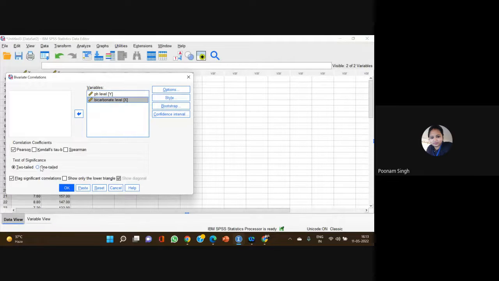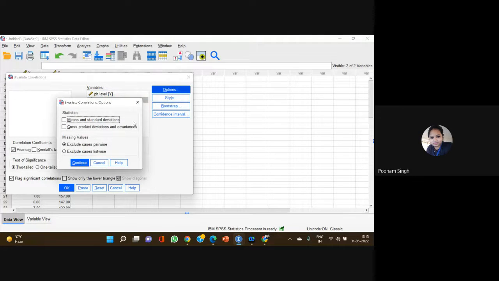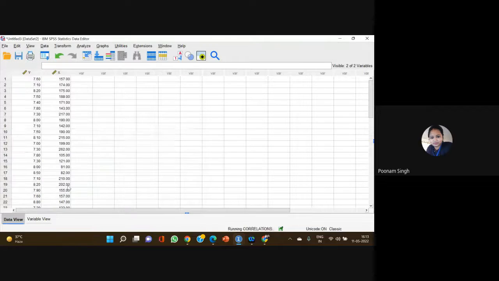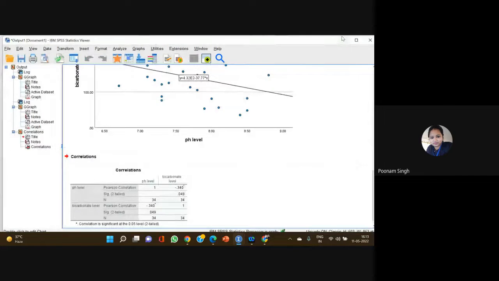We expect to see similar results in the real world, so we need to check that it does not occur by chance. Now we will click OK. Let's see the options. Okay, we don't need all these things. You can explore other options also if you want. Then click on OK, and after clicking on OK, we will get the result.